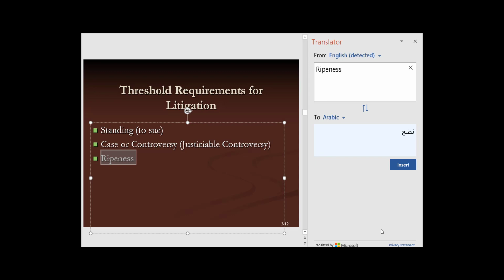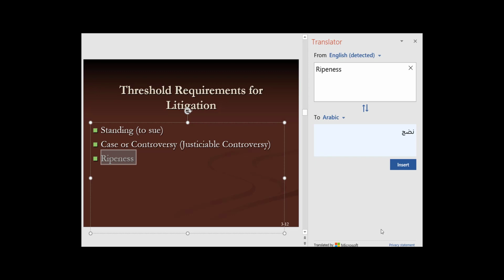You talk to him, and he says, well, I don't have enough money to pay you on time. At that point, you cannot bring a lawsuit because the other side has not defaulted on the note. It's got 30 more days. That's what ripeness means, as an example. It's not ready for a lawsuit.